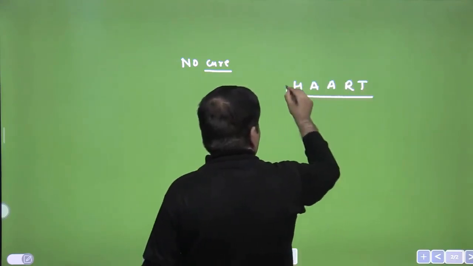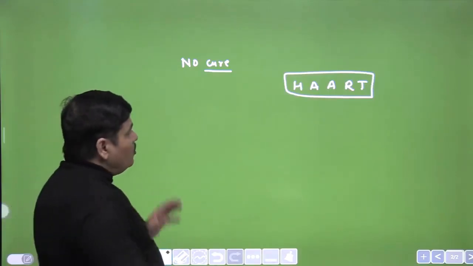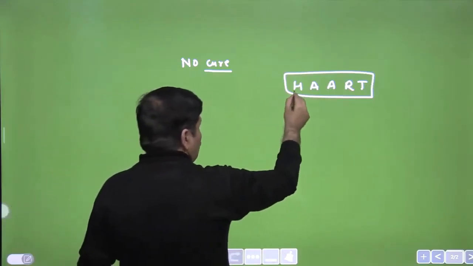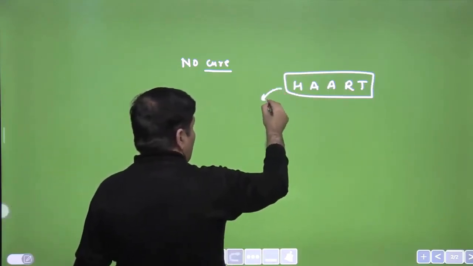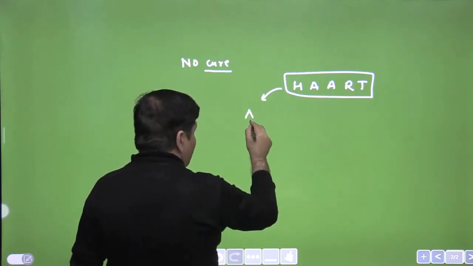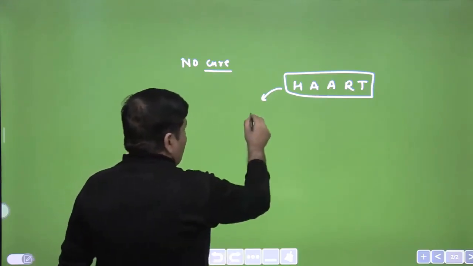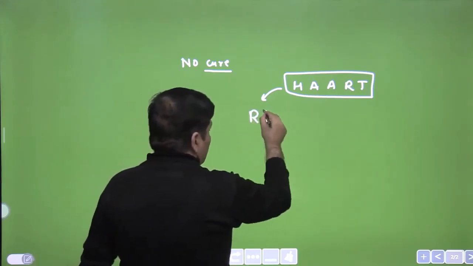So this is called HAART, and the basic cornerstone of the drugs used in HAART are antiretroviral drugs, and these are the drugs that actually inhibit the reverse transcriptase enzyme.